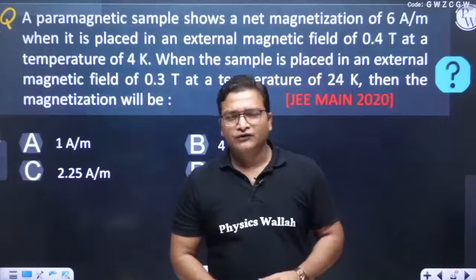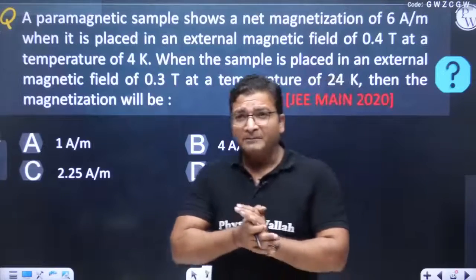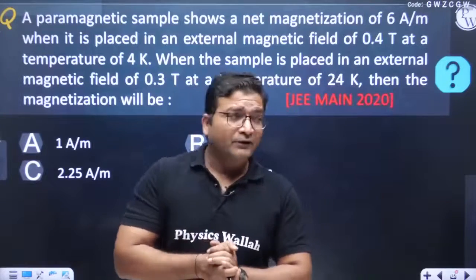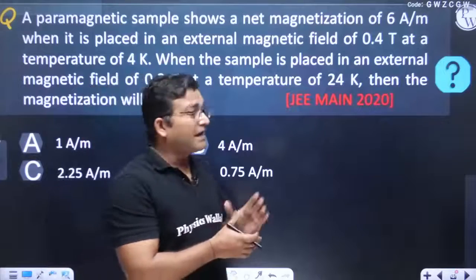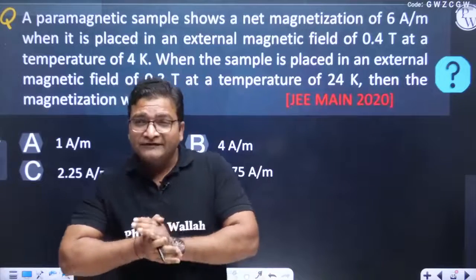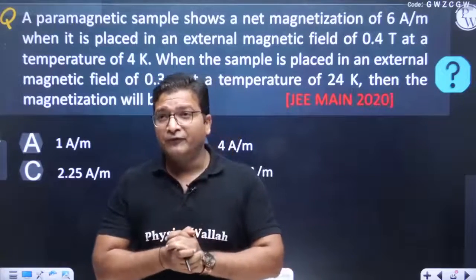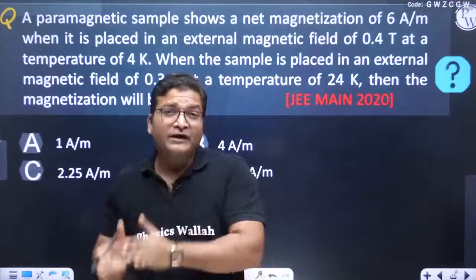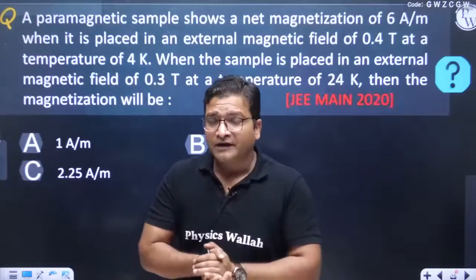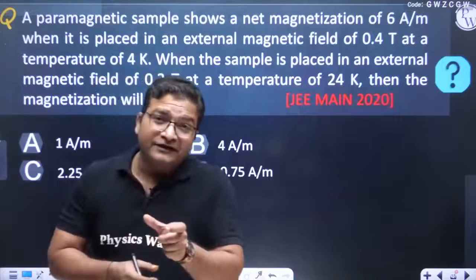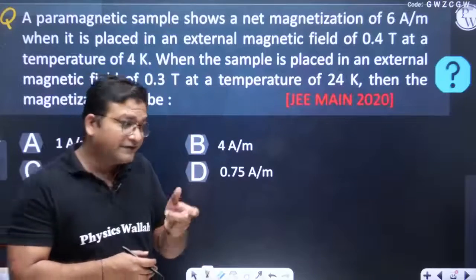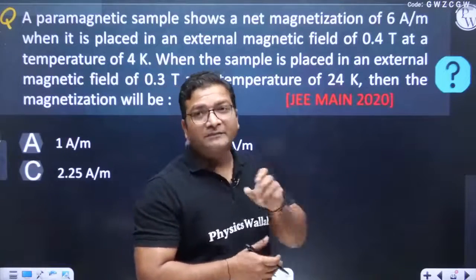Okay. In this question, we have a paramagnetic substance whose magnetization is 6 ampere per meter, where it is placed in an external magnetic field of 0.4 Tesla, and that too at a temperature of 4 Kelvin. And when it is placed in some other magnetic field at some other temperature, what is the magnetization?